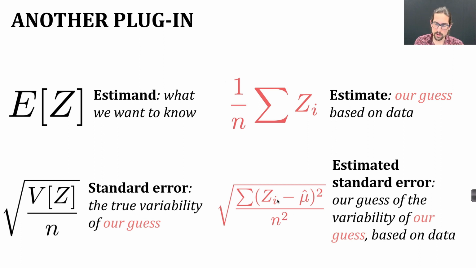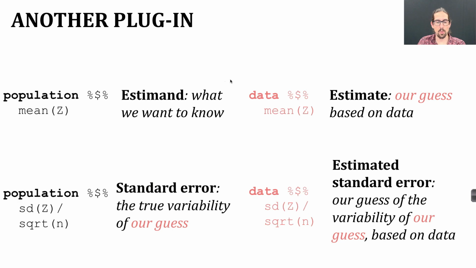Now here and here I have this mu hat. This mu hat is the sample mean. So you could just take this and put that here, because again we don't know the population mean, so we have to use our estimate of that. And now this is our estimated standard error. This is our guess of the variability of this guess based on the data, and that is what we do.